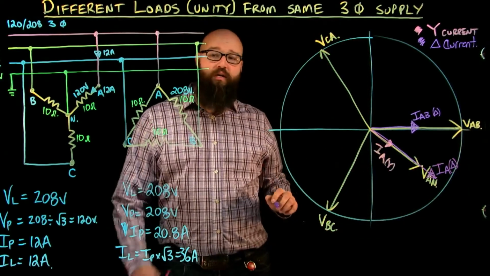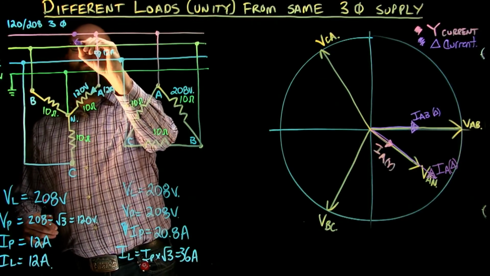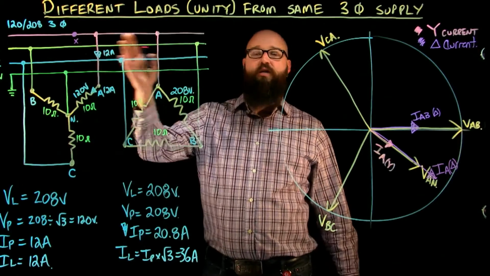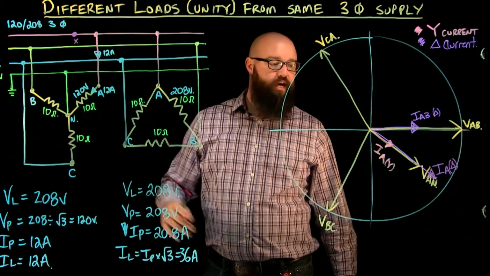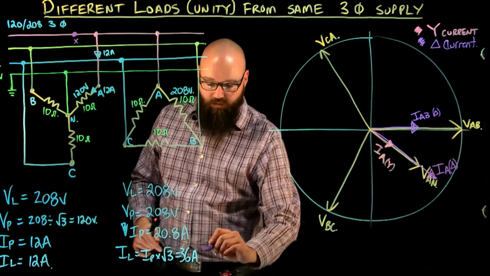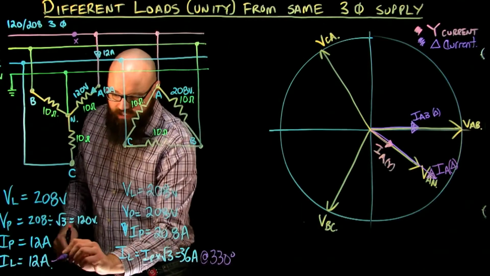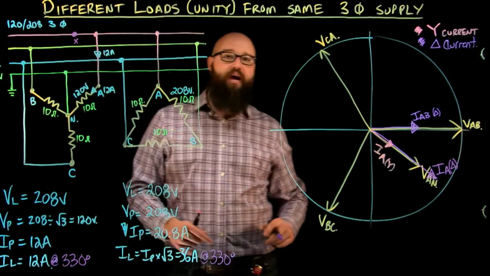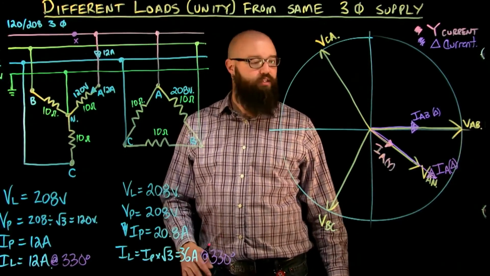Now, what we want to find is right here. We want to know, what is the current at that point X? What is the combination of both of these line A currents to both of these loads? Because they're at the same angle, they're both at 330 degrees, I can add those together without the use of a phasor chart because it's just straight addition at this point.